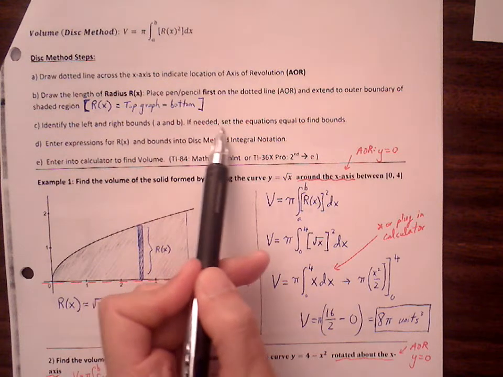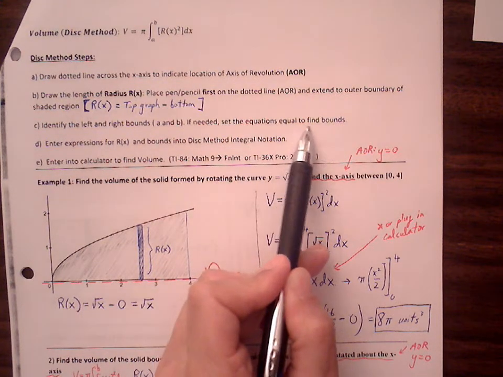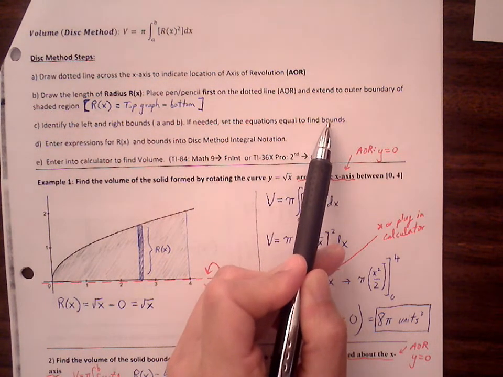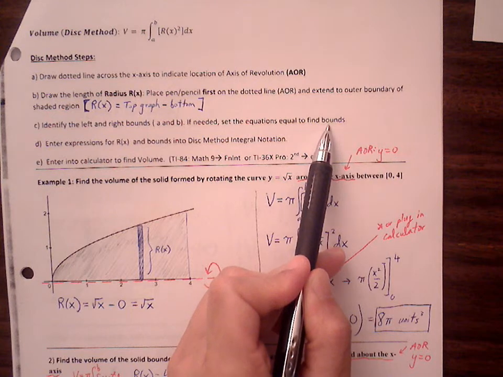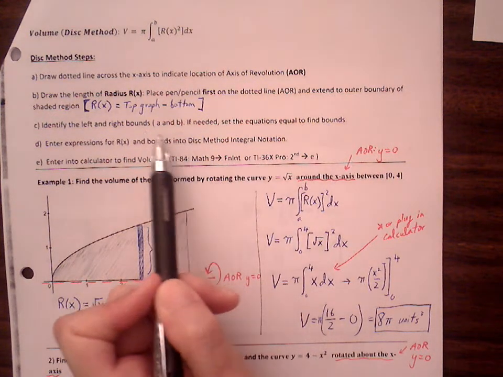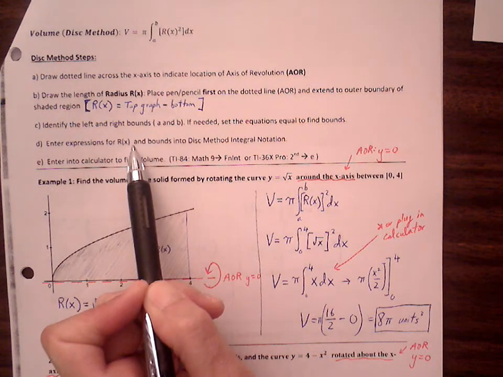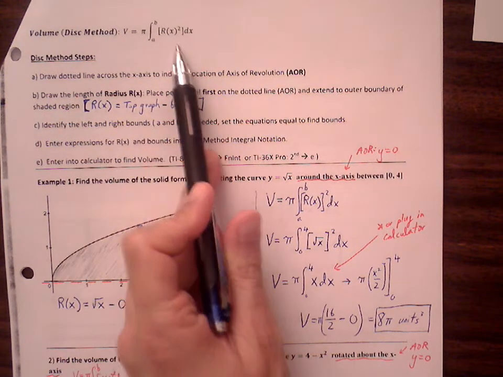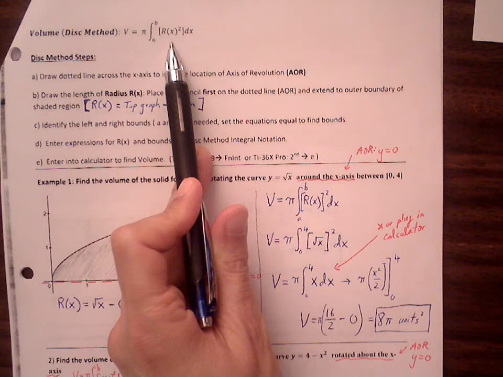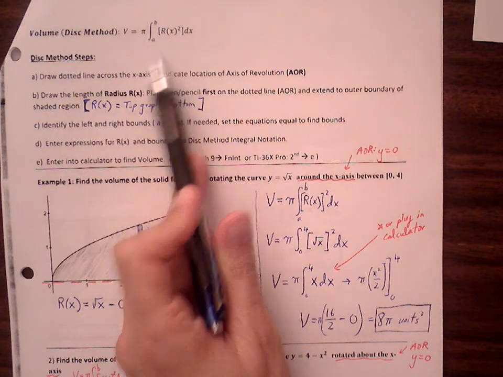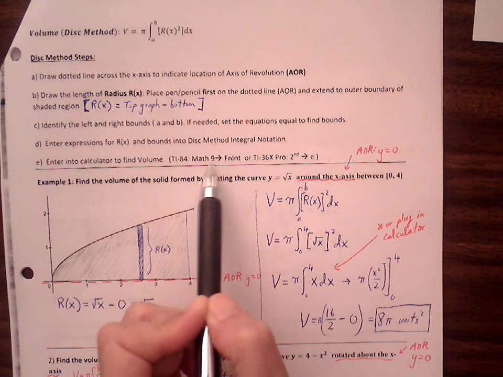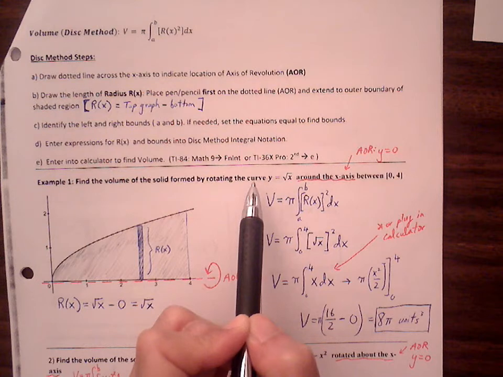If needed, we're going to set the equations equal to each other to find those bounds if the bounds are not visibly noticeable. Once we have our radius expression and our bounds, we're going to put them into our volume formula for this method. And the rest, we're going to use our calculator, either the TI-84, the TI-36, or the online calculator.